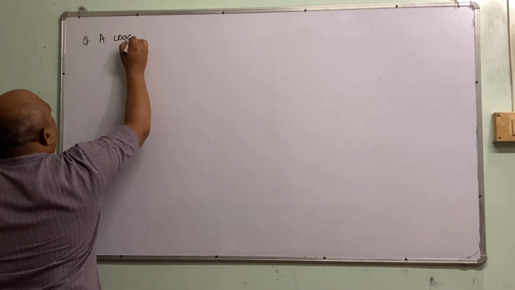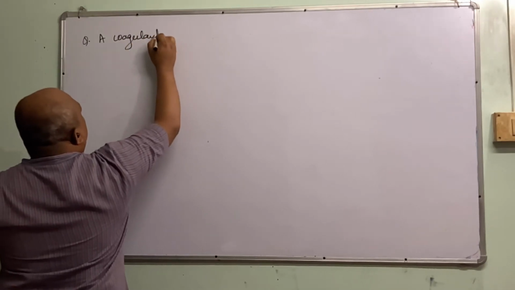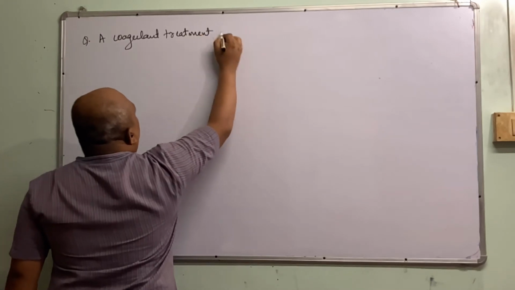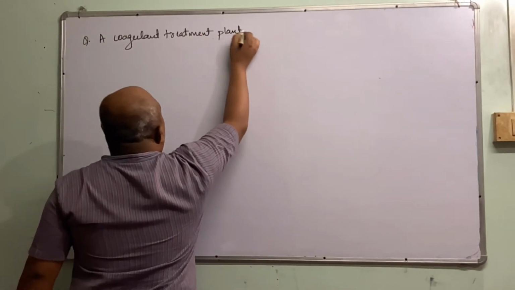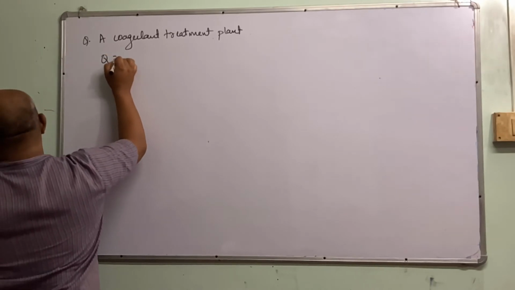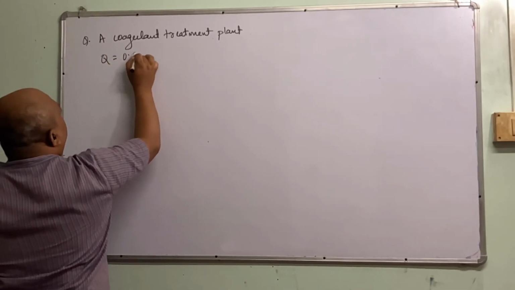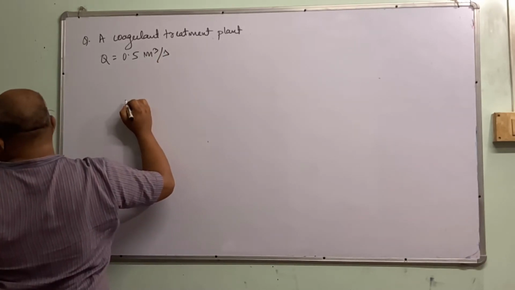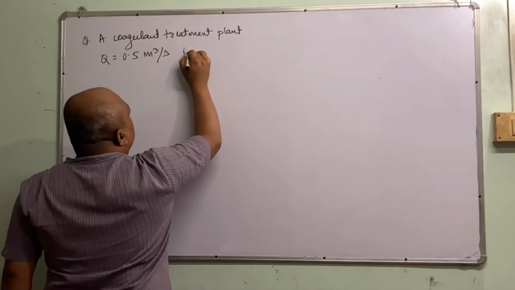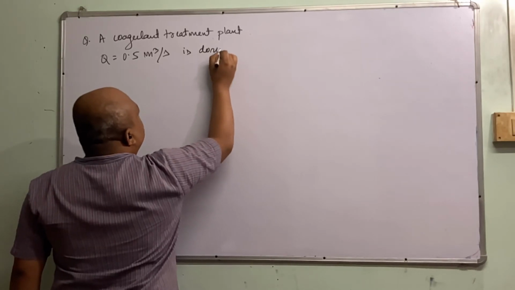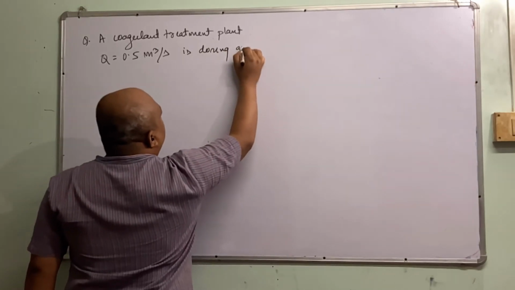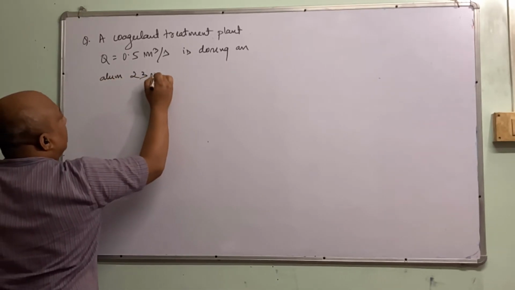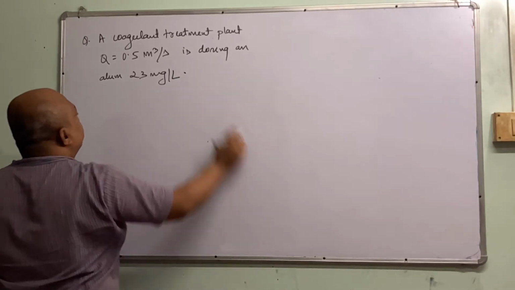A coagulation treatment plant, which has discharge equal to, let me shortcut, 0.5 meter cube per second, is dosing alum at 23 milligram per liter.